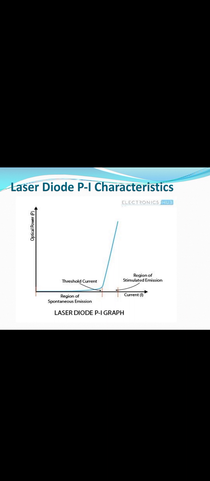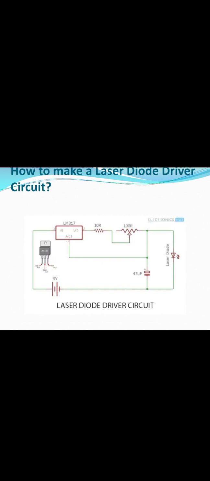There are three regions, and at the threshold current the sudden change occurs, which is the region of stimulated emission. These are the PI characteristics of the laser diode.